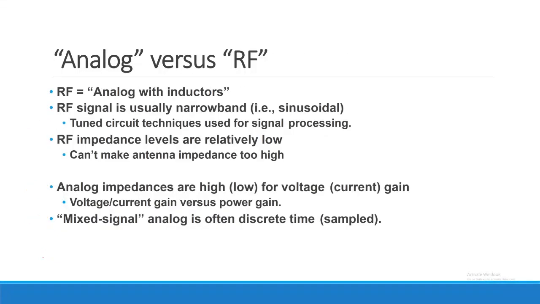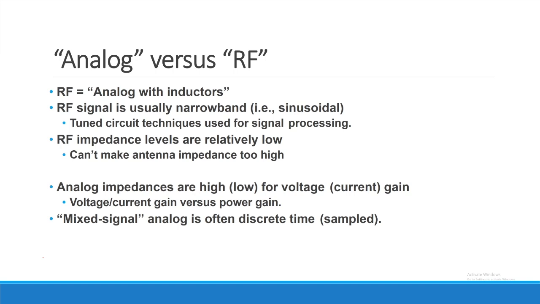So, just in terms of what we're going to be focusing on here in the class, our focus again is going to be on analog rather than quote-unquote RF. And just to quantify what I mean by that, in this class what I mean by RF is essentially analog with inductors. Okay? So all that means is that in RF, you're usually dealing with things that look relatively sinusoidal, meaning they're relatively narrow band.